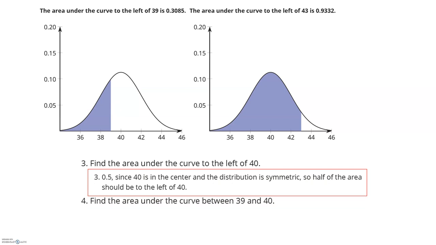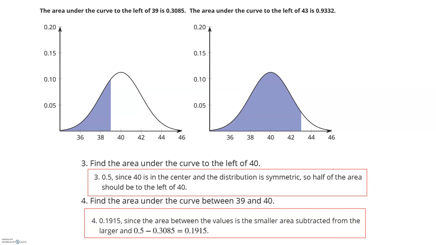And then finally it says find the area under the curve between 39 and 40. But like I said one more time, you already have some of these areas, you already know what's given to you. So one more time, you just have to make a subtraction.